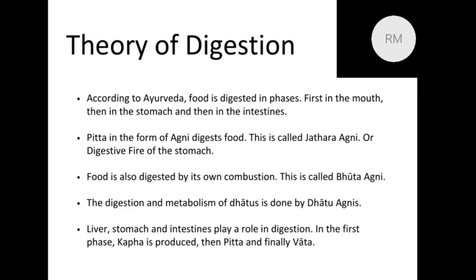And the lower part of the alimentary tract represents Vata. So this is represented by the intestines, and diseases affecting this part of the intestine have a dominance of Vata, and we need to consider Vata when we treat this part of the alimentary tract.